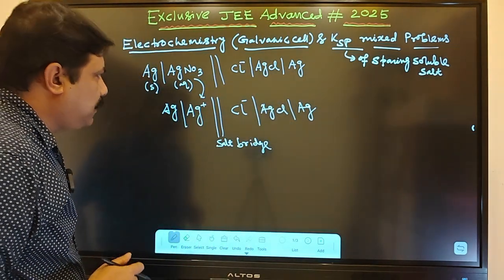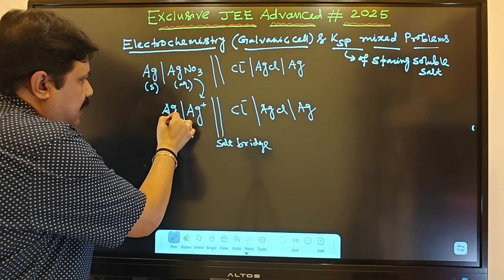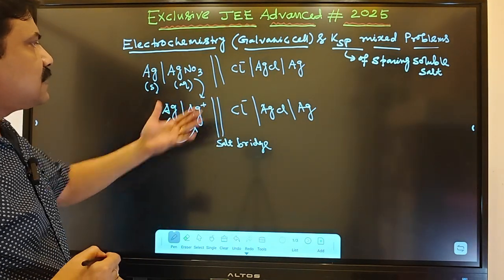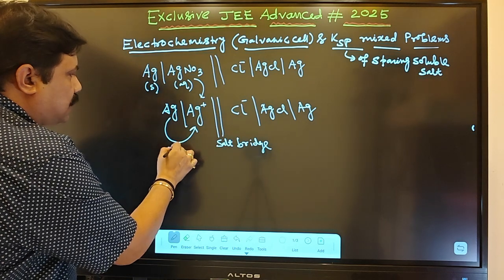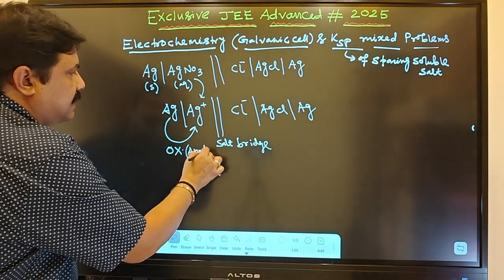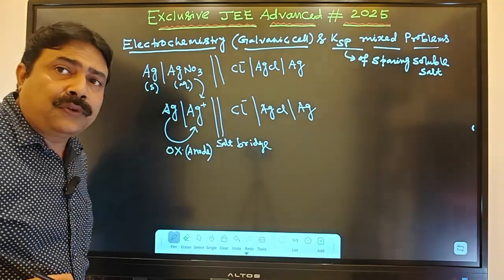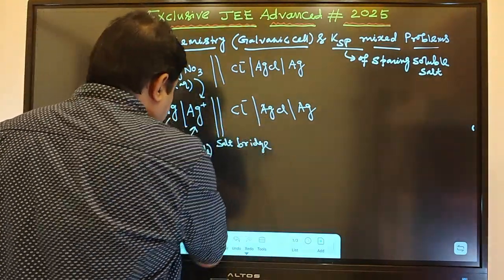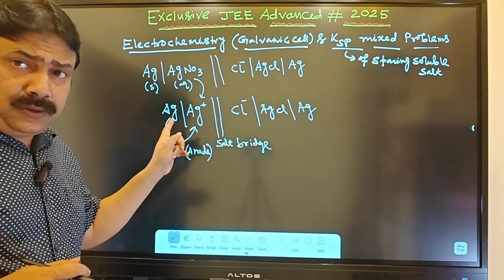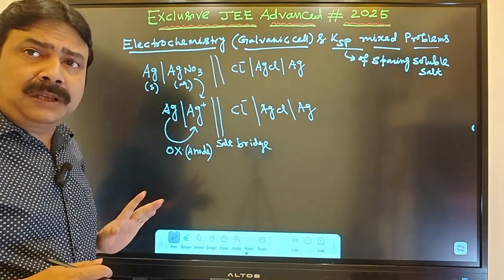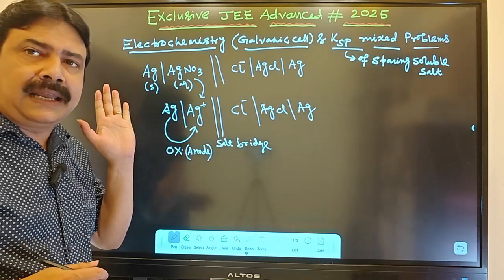In galvanic cell operations, we always read it like this: Ag is converting to Ag plus by loss of electron, which means this half is the oxidation half. Oxidation half means that electrode acts as the anode; remember it as vowel for vowel. So here, as the anode, they are utilizing a metal and a soluble salt of the metal, which can provide the metal ion.